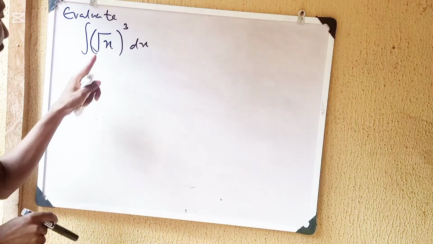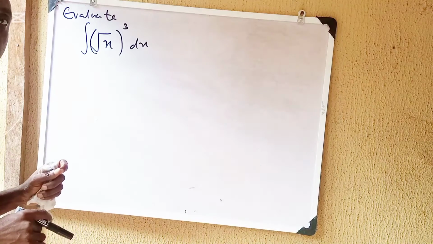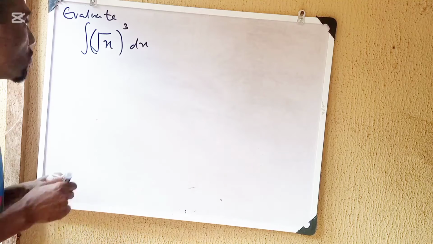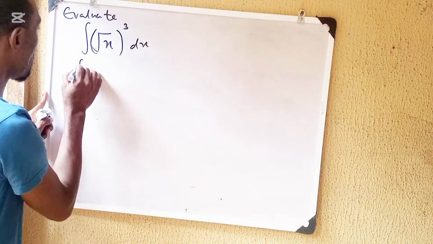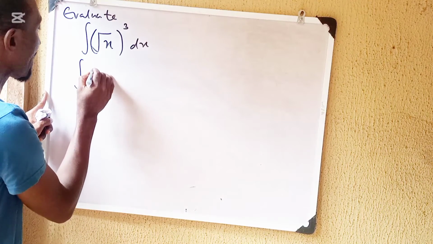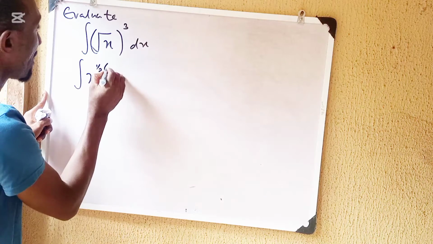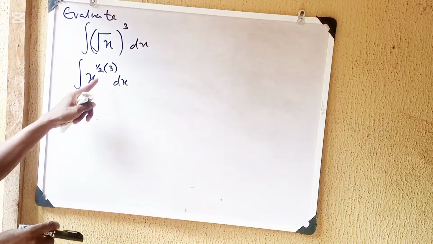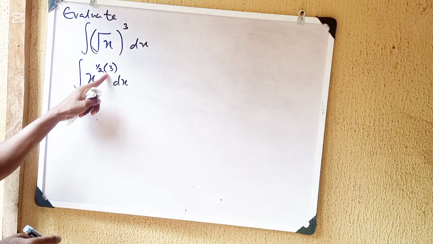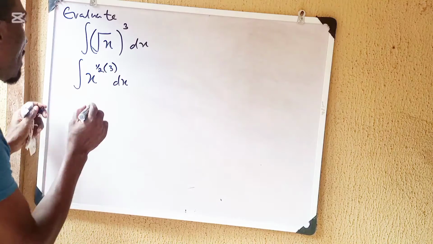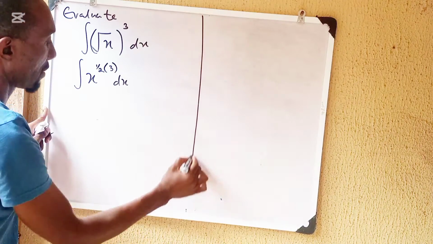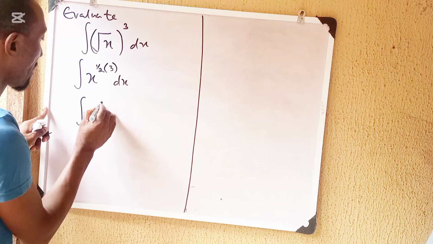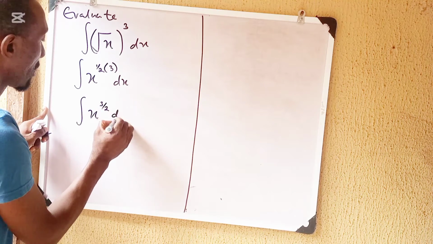Now we know that square root means raised to power half, if you want to relate it with indices. So I can rearrange this one to be the integration of x to the power of half, bracket 3, dx, which in indices I can open up to give me the integration of x to the power of 3 over 2 dx.